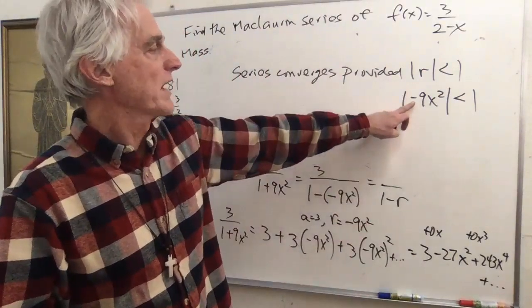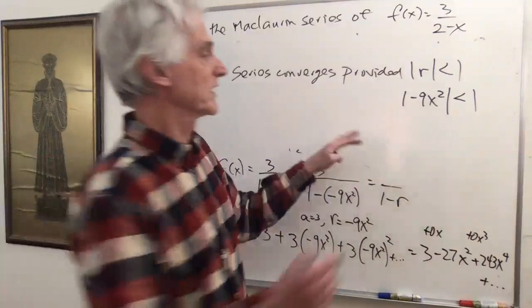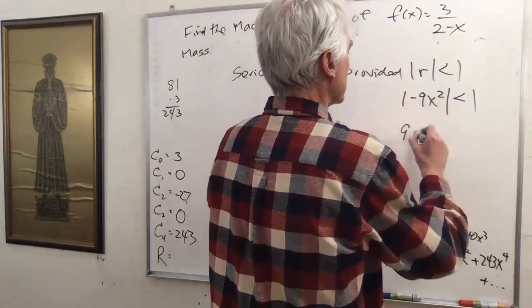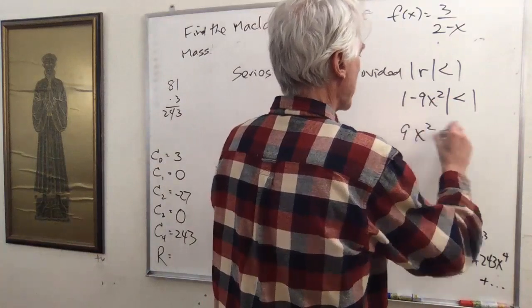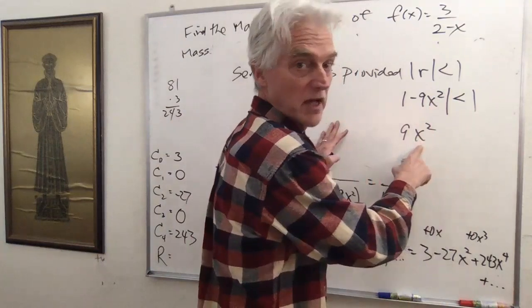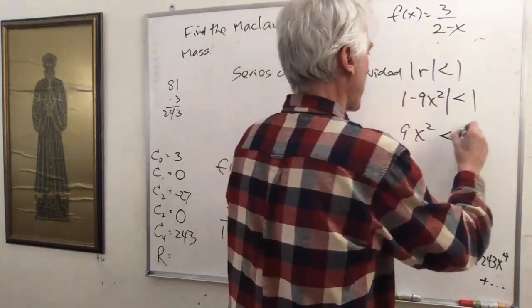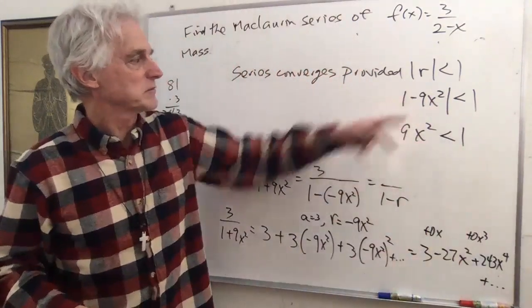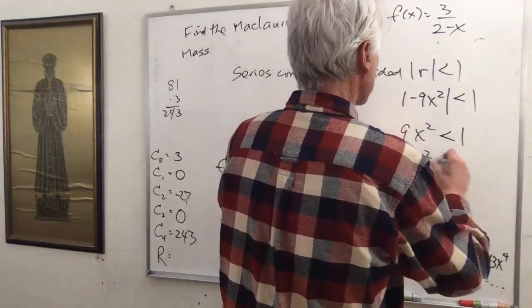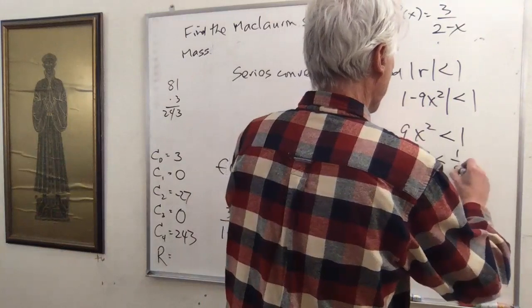Well, the minus sign inside the absolute value doesn't do anything. So this is also 9x squared. That's what the absolute value of minus 9x squared is. X squared is always positive or maybe 0. So I can get rid of the absolute value. It's just 9x squared less than 1. Okay? Or x squared less than a 9.